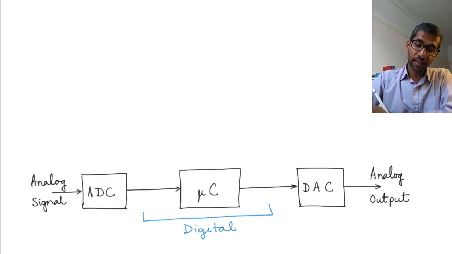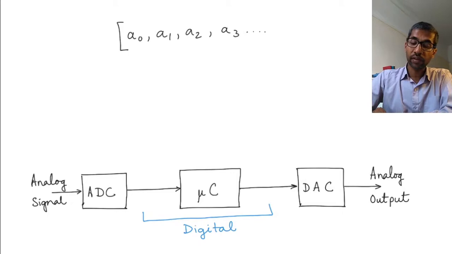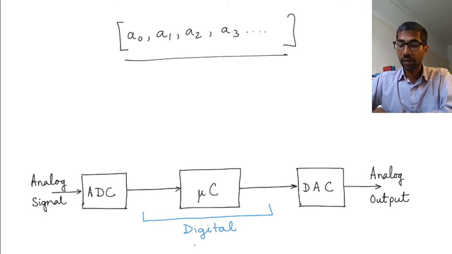Let me just write some variables here: A naught, A1, A2, A3, and so on. This array of numbers is what we mean by a digital signal.